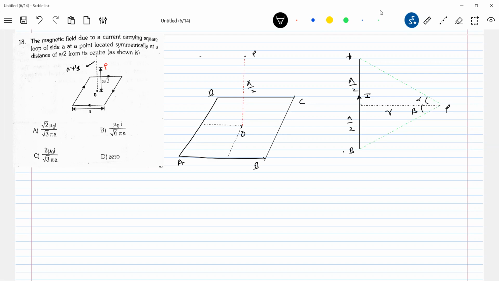So I'll introduce one point Q. So that will be inclined here, no? This is what actually R is. So you'll get one triangle here.